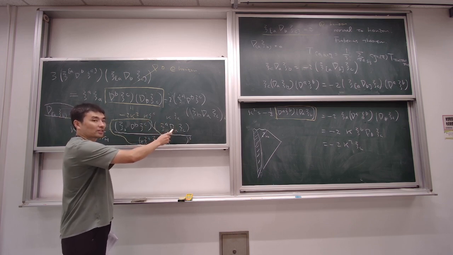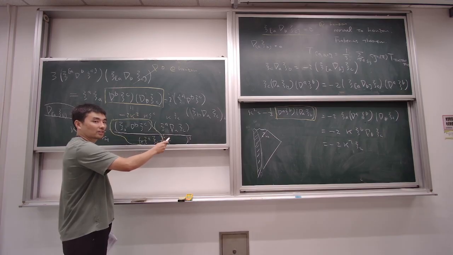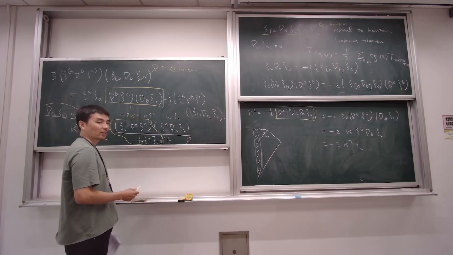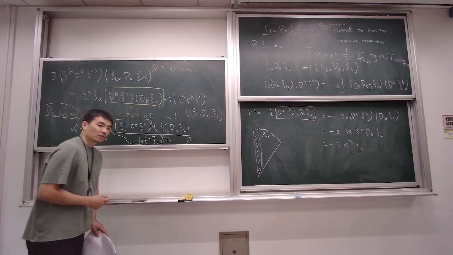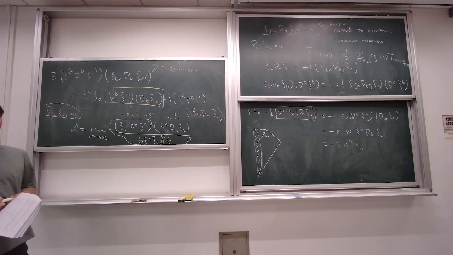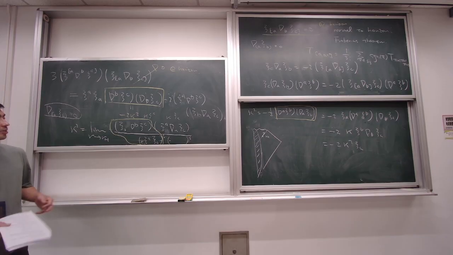They can cancel, and you get kappa squared. The whole expression is true. So the reason why you have minus in the denominator is that, in order to put it inside the square root, you should have a positive value, since psi squared is -1. I see. Okay, maybe that's the case.